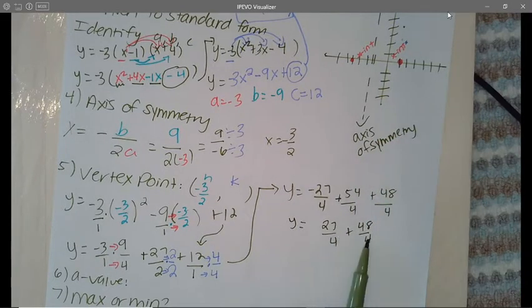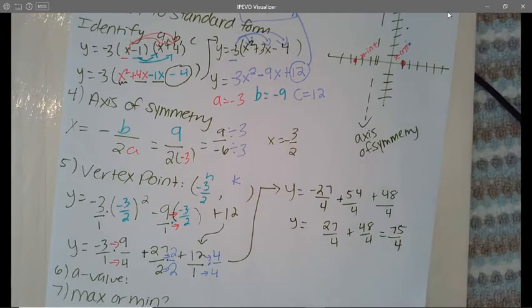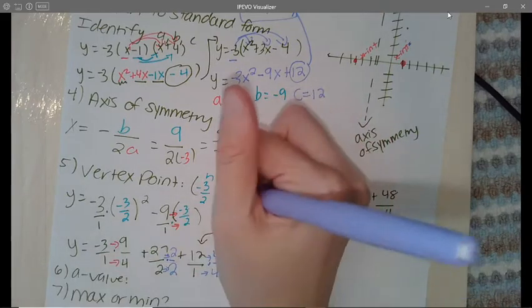Okay, which 27 and 48, that's going to give me, let's see, 48, 58, 68, 78 minus 3, 75 over 4. There we go. Okay, just double check everything. Yep. Okay, so my k value is going to be 75 over 4.